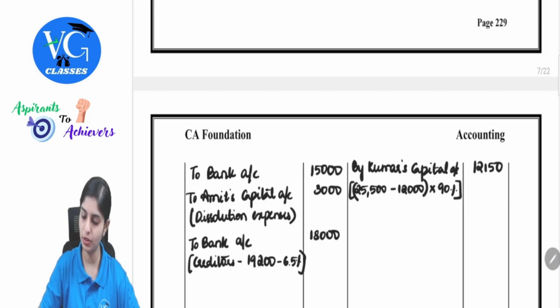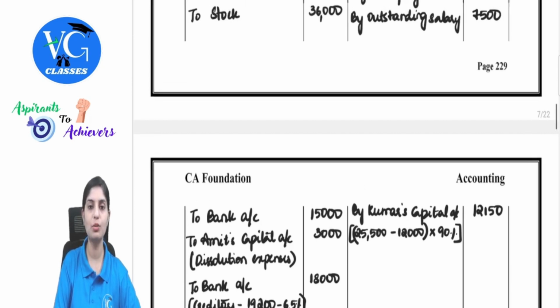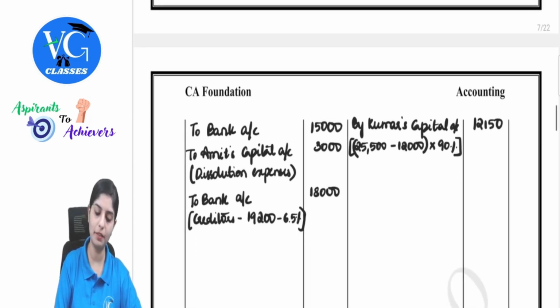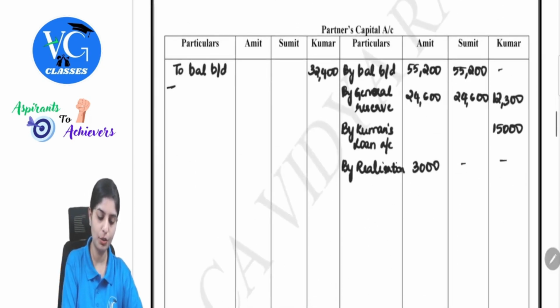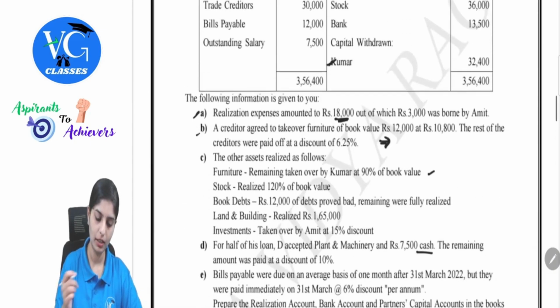Yes. By Kumar's capital. So in Kumar's capital, we will represent it as to realization, 12,150, furniture.